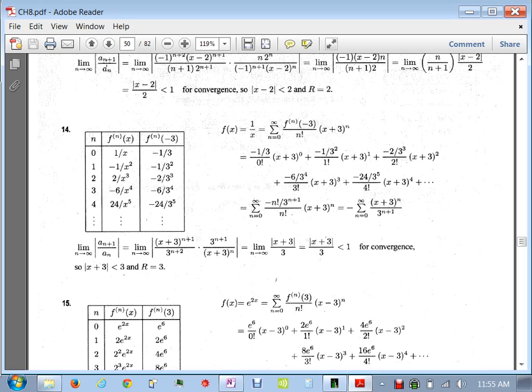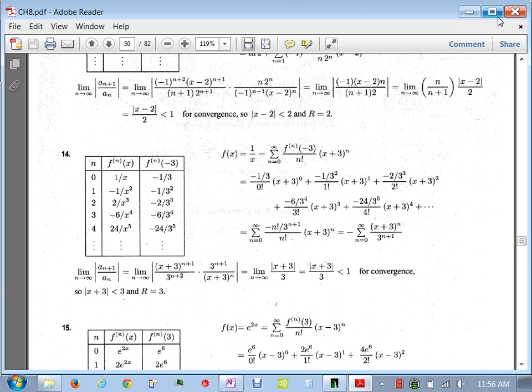I've never done that problem, so I just want to make sure I didn't do anything wrong. This is what we got, right? It's (x plus 3) to the n, and 3 to the n plus 1, there was a -1. The radius of convergence was 3, and we had that? Okay. Good.